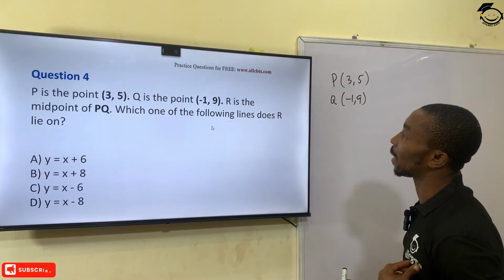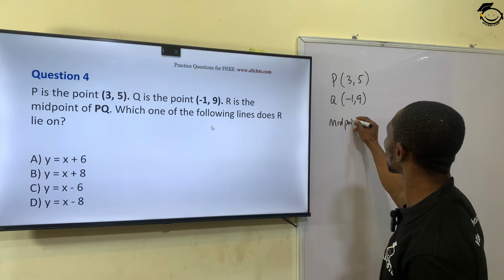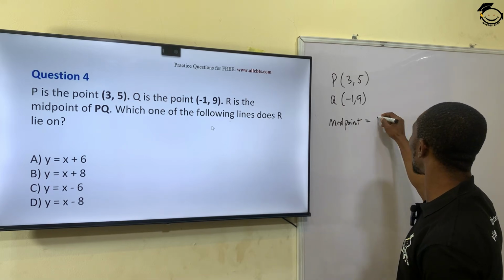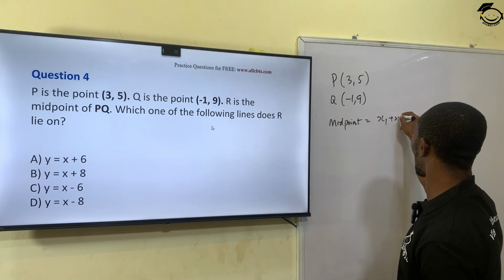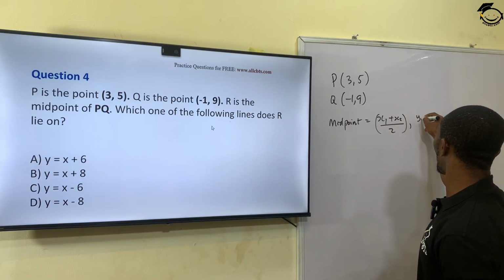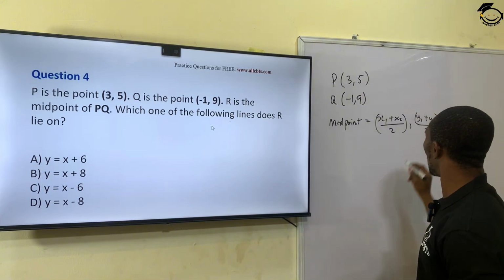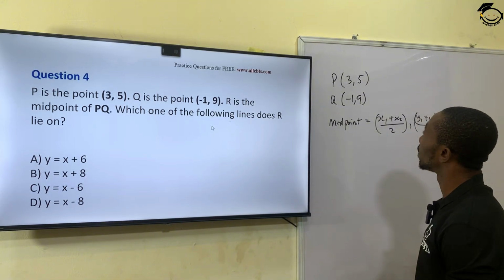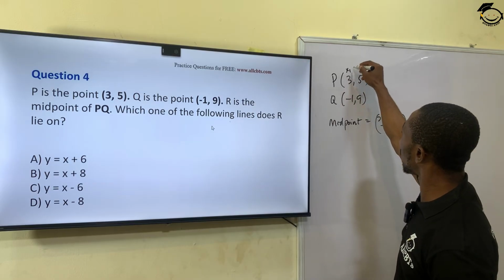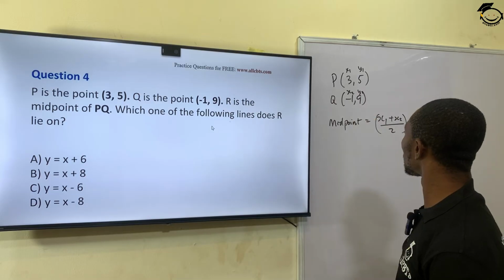Now, to find our midpoint, the formula for midpoint is x1 plus x2 all over 2 and y1 plus y2 all over 2. That's the formula for midpoint, where we have x1, y1, x2, y2.